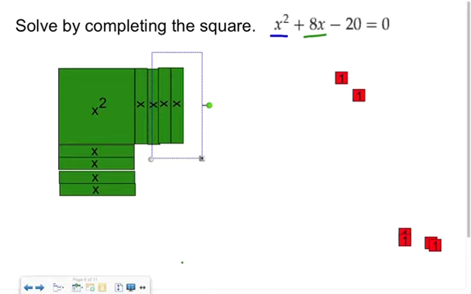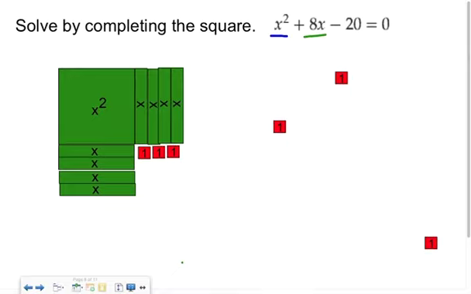And then how many of these little 1 tiles would it take to finish this square out? Well, I need 4 going this way and 4 going this way.